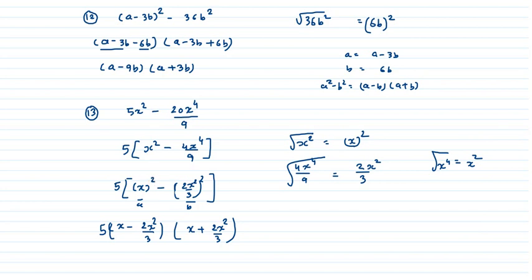Here (2x square upon 3) whole square. So now a square minus b square. So this is your whole b, this is your a. So a minus b means x minus 2x square upon 3, and x plus 2x square upon 3.